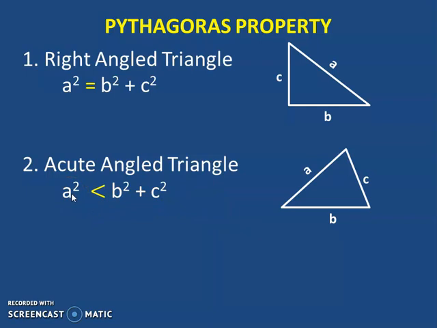It is the longest side, the side of the longest length. Three side lengths have been given, and whichever is the biggest or longest will be the hypotenuse.